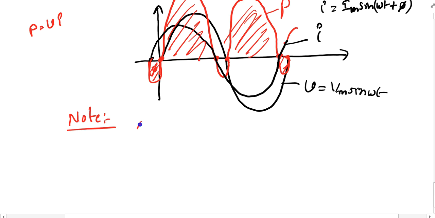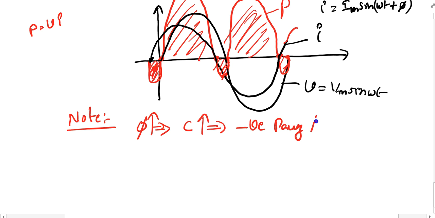If you increase this phi, increasing phi means you are increasing the capacitance. If you increase the capacitance, then the negative area of this power waveform is going to increase.